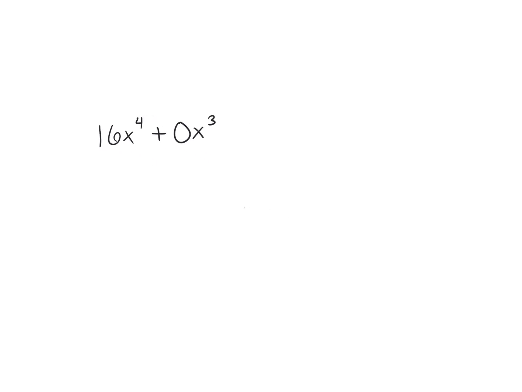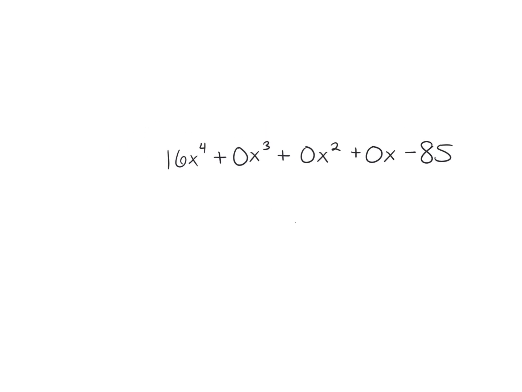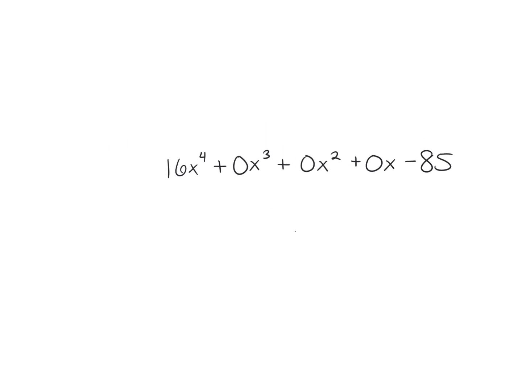No, so I put plus 0x squared as a placeholder. Did we have an x to begin with? No, so I put plus 0x. Make sure we put zeros in there. And then after that, minus 85.